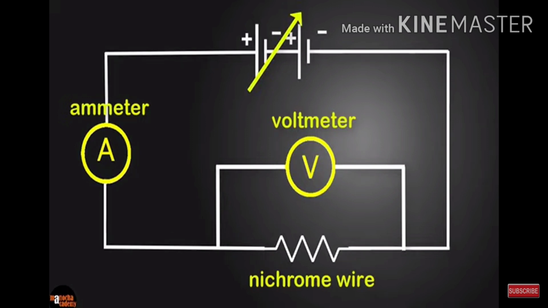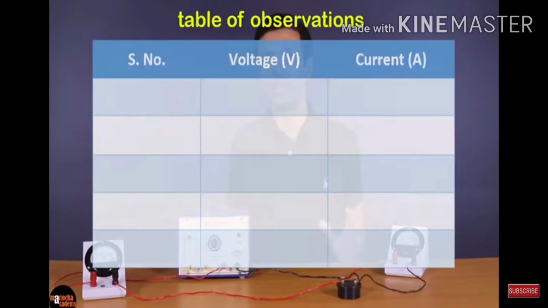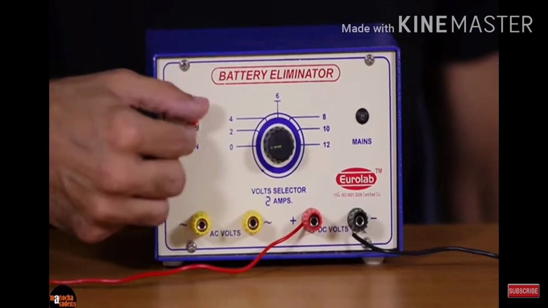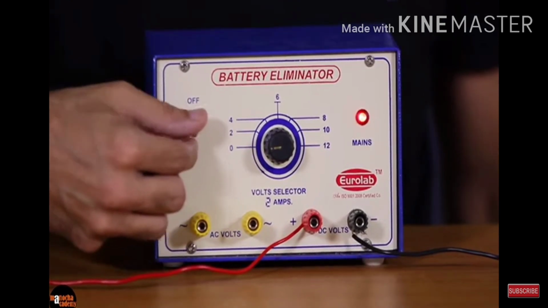If you notice here, an arrow mark is drawn on the battery, since our battery is a variable voltage supply. Now let us note down the values of the voltage across the wire and the current in it. Let's turn on the battery, that is the voltage supplier.